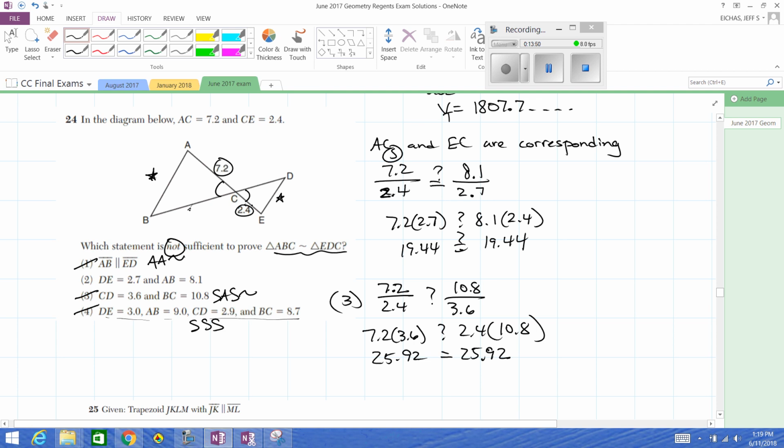Those sides are in fact proportional, but it's side angle. It's not the included angle. Well, there is no such thing as side angle similarity. So please make sure that you check that one. I almost got tripped up by it, but luckily checked the other things all the way through. Okay. All right, good for the part 1s, and next video I'll have the open response.